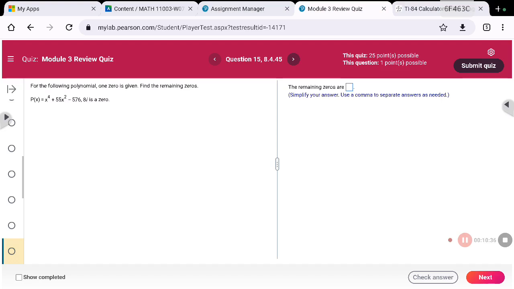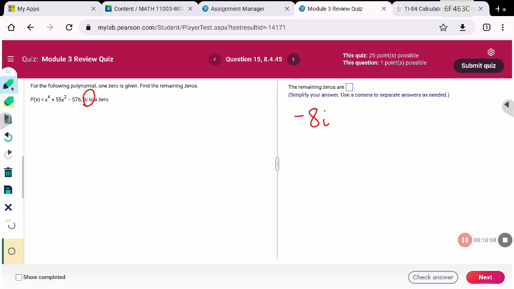All right, on this one, it gives us the polynomial function, and one zero is given. The zero that is given is 8i. It wants me to find the remaining zeros. Well, first of all, if 8i is a zero, then so is negative 8i.